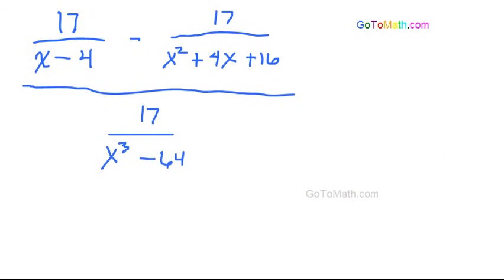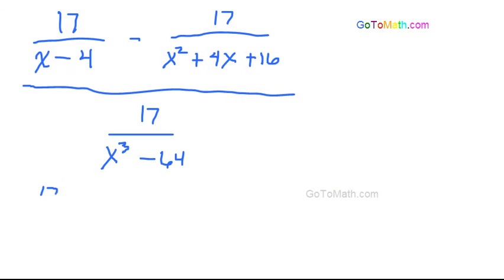Okay. So let's take a look at this here. Doesn't look like this can factor down here. 2 and 8, 16 and 1. There's no way we can get 4. 4 and 4, no. Okay, so we're going to do the cross multiply thing.